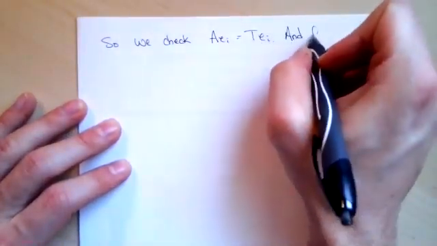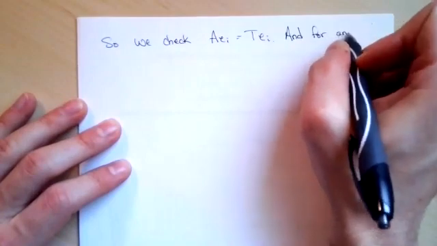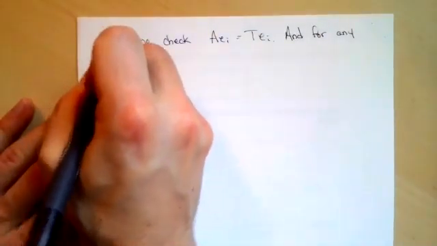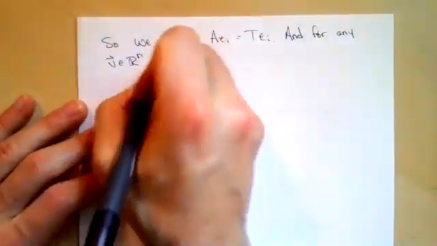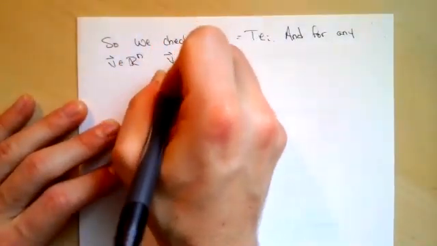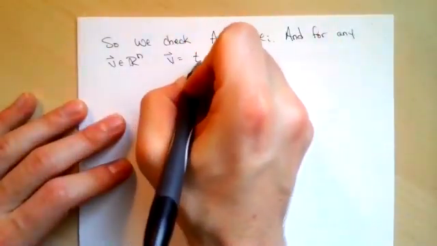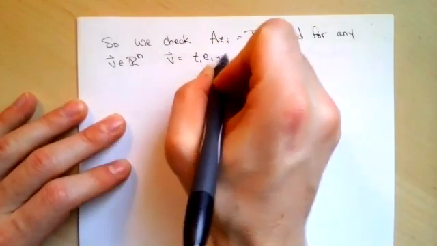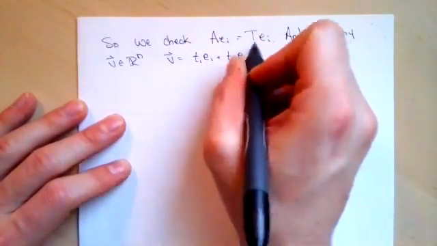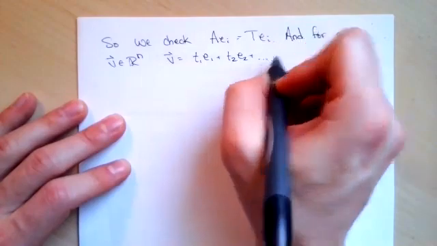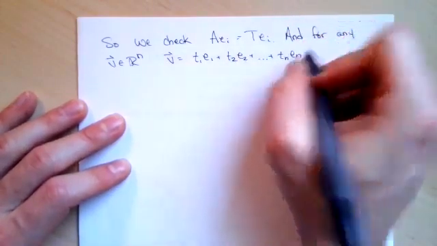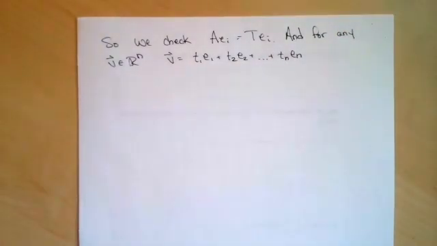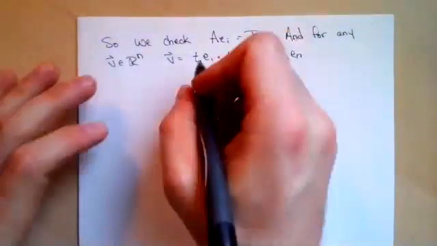And now for any V in Rn, we can write V as a linear combination of these basis vectors. And more importantly, this linear combination is unique. This is the only way we can write it.